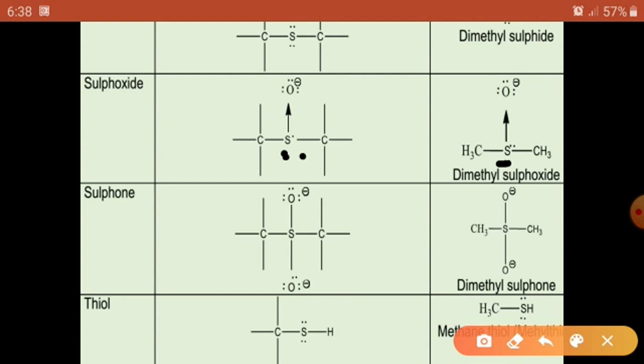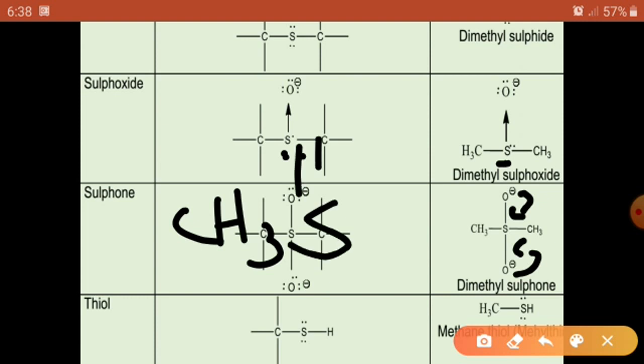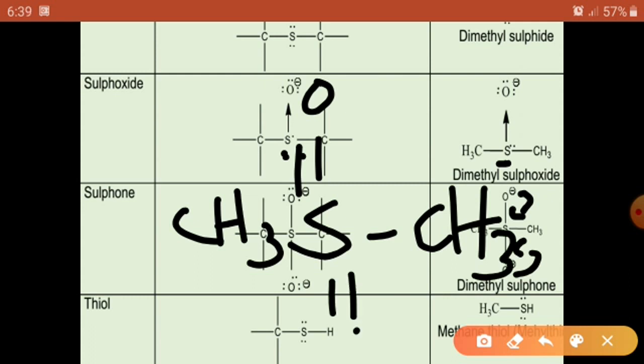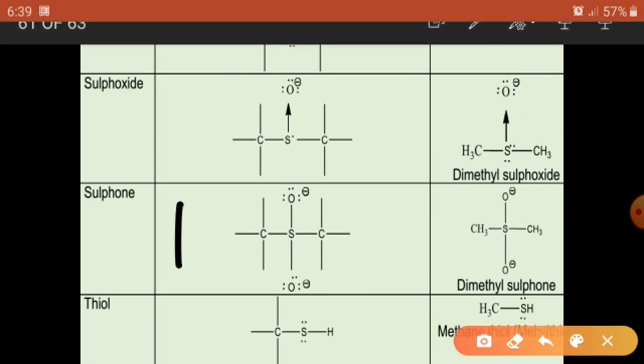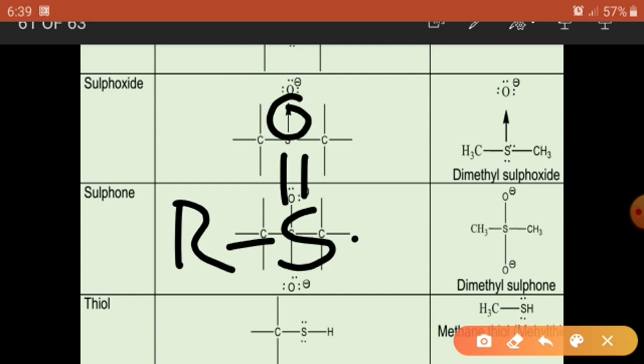So you can represent the sulfone, just like dimethyl sulfone, where this sign indicates there is a double bond between sulfur and oxygen. So you can write it like that: CH3, S double bond O, again CH3 and S double bond O. You can also represent sulfoxide as R, S double bond O, single bond R, where R represents an alkyl group.